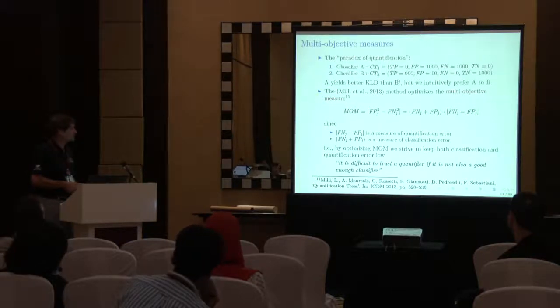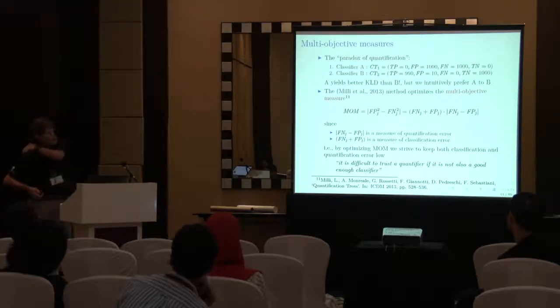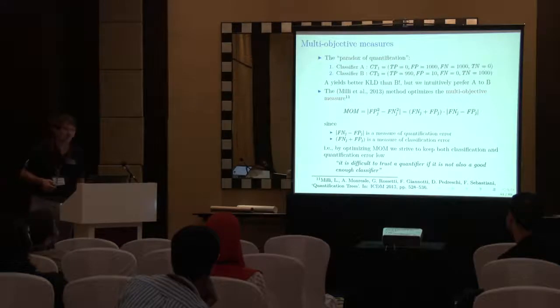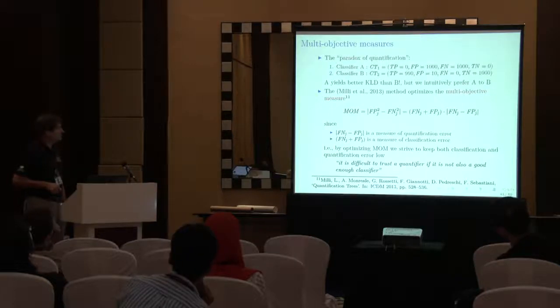The first one is this, where I also participated, plus there is a paper by a group of Spanish researchers, which has just appeared, which proposes to use a multi-objective measure, not just as a measure of accuracy, but also as a loss, as something that you should internally optimize within a learning system. So a measure that combines a measure of quantification error with a measure of classification error.